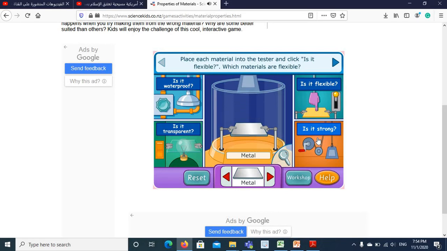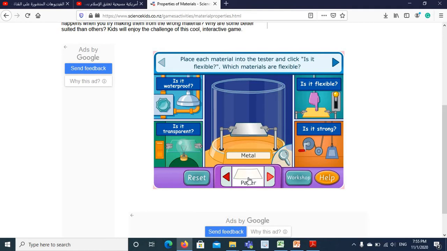Oh, it's very strong. Good. Is it transparent? No, it's not transparent. So, we know now that metal cannot absorb water, it's not flexible, it's strong, and it's not transparent.